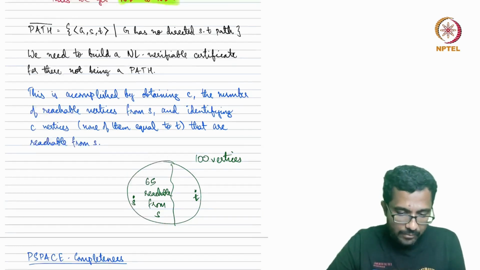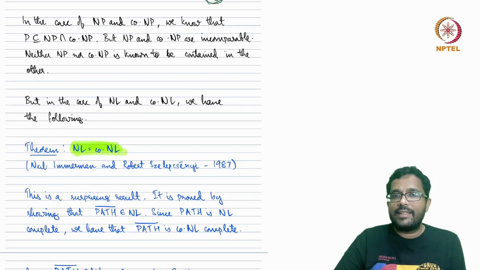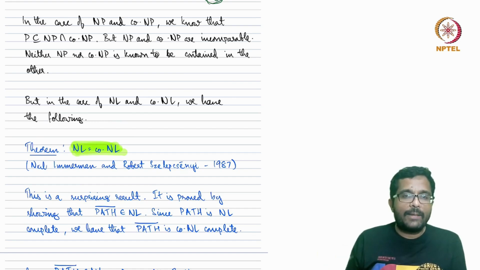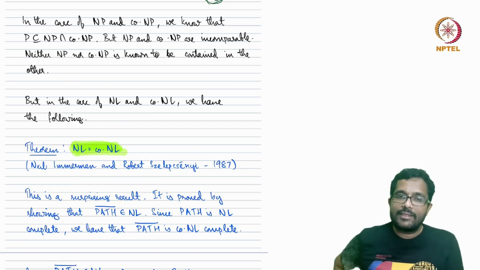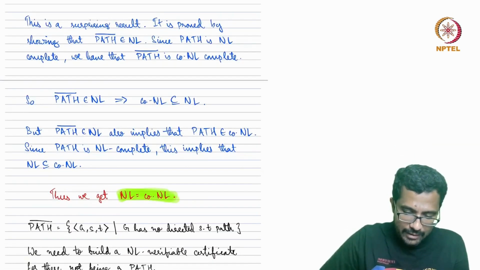And again, it was a surprising result that NL and co-NL are the same, because for the similar set of classes that we have in time complexity, P and NP, NP and co-NP, we don't know of such a result.